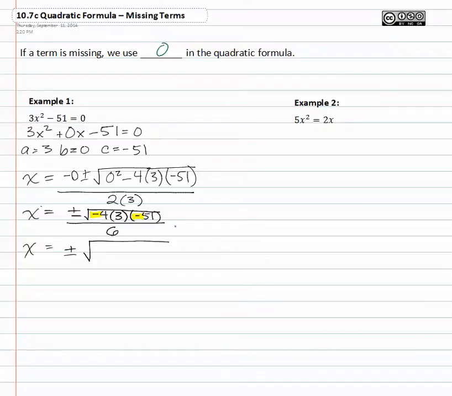Four times 3 is 12, times 51 is 612, which is not a perfect square, over 6. I should note at this point that before we move from this here to this here, we have to remember that we can reduce this and this.